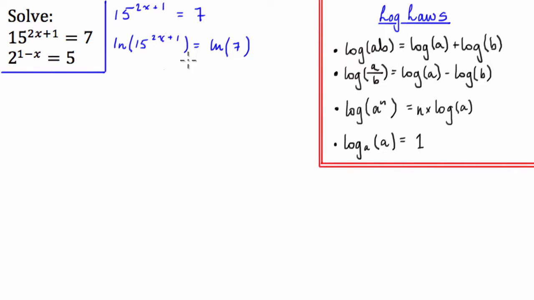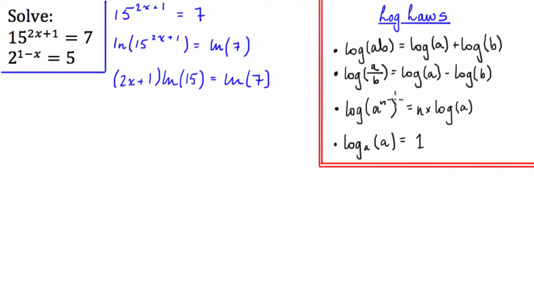Now I can use this log law here to bring the power down as a coefficient. So this is going to equal (2x plus 1) ln 15 equals ln 7.